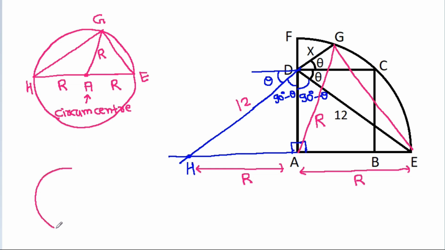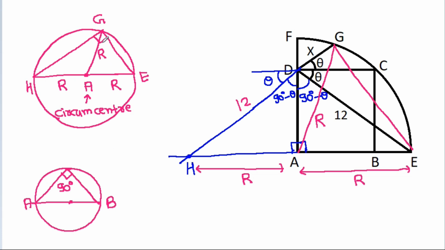And in any circle, if AB is diameter, then this angle on the circle will be 90 degree.